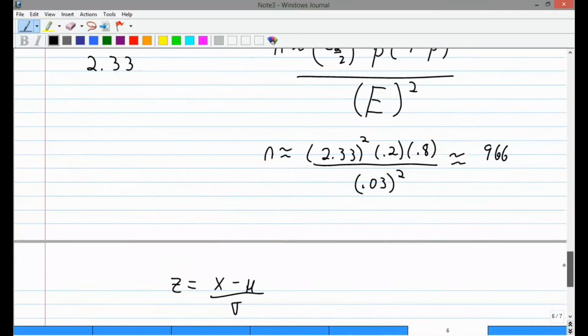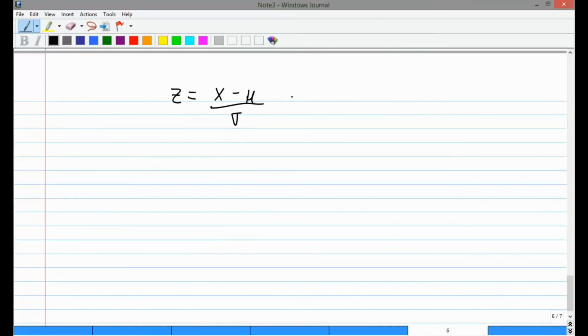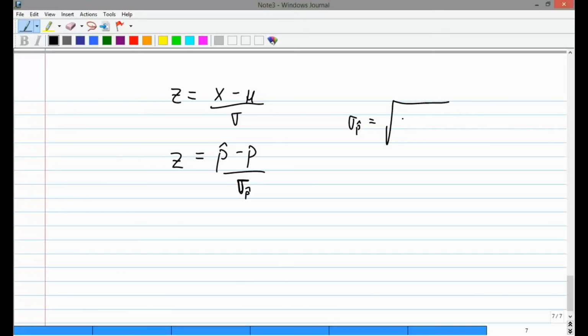Alright, so for proportions, we have z equals p hat minus p over sigma sub p hat, and sigma sub p hat is the square root of p, 0.17, times 1 minus p, over n.